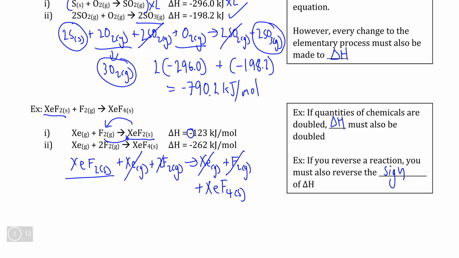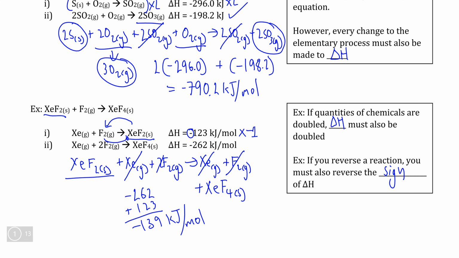So if we want to reverse this negative number and make it positive, we can simply multiply it by -1 in order to turn this negative delta H into a positive number to show that this exothermic reaction, when done backwards, is endothermic with the same magnitude. So if we add these numbers together, negative 262 kilojoules per mole plus 123 kilojoules per mole, and if you do some simple arithmetic or put it into your calculator, you'll find that you come up with negative 139 kilojoules per mole.